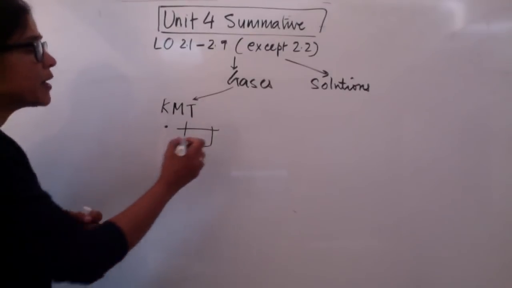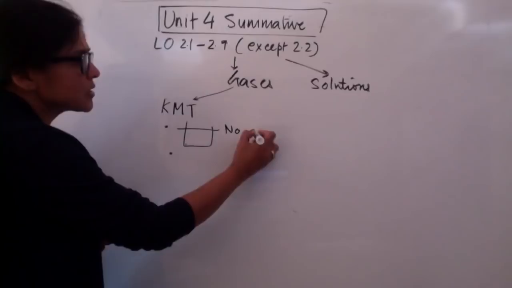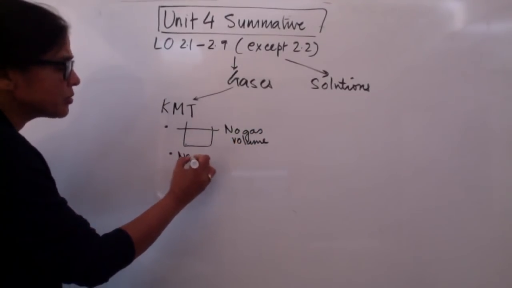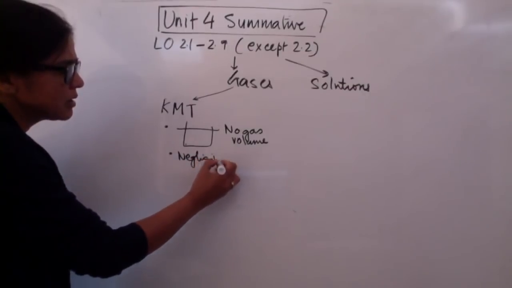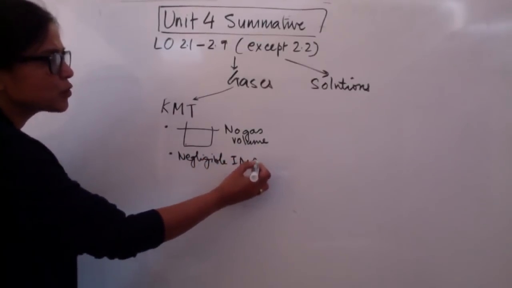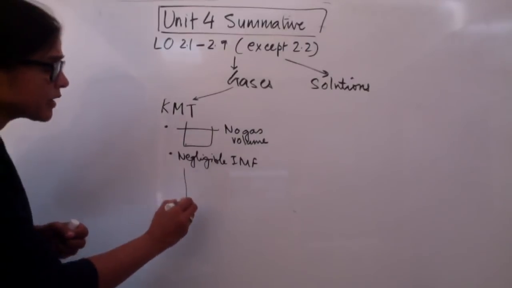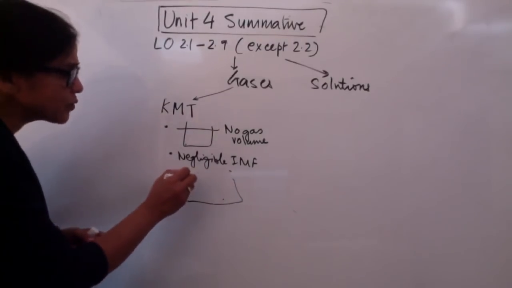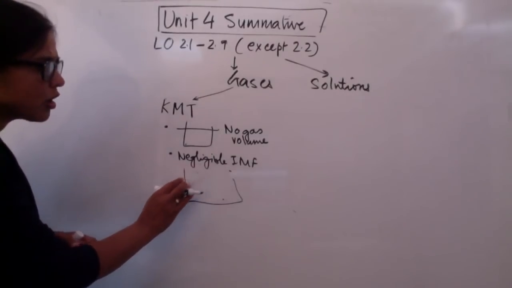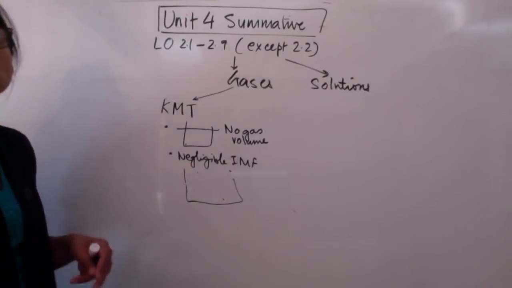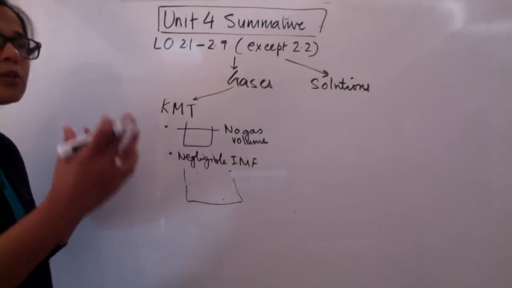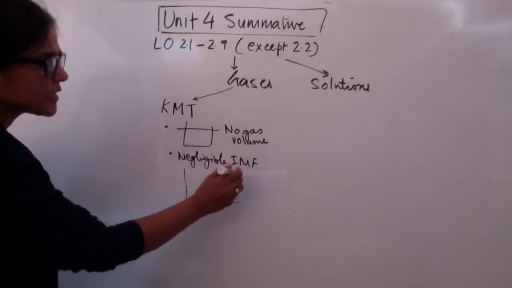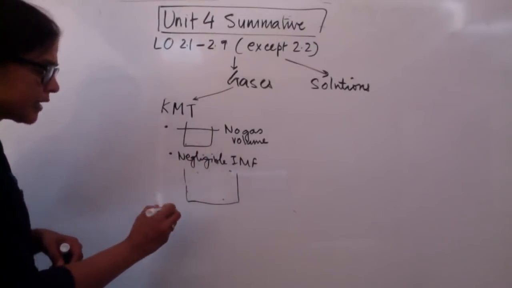The second postulate is negligible IMFs, intermolecular forces between particles. So gas particles really can go far apart from each other. The intermolecular forces between them are pretty much non-existent. And that explains why gases can expand. If you pop a balloon, the gas goes everywhere, right? So the expansion of gases is because of negligible intermolecular forces.